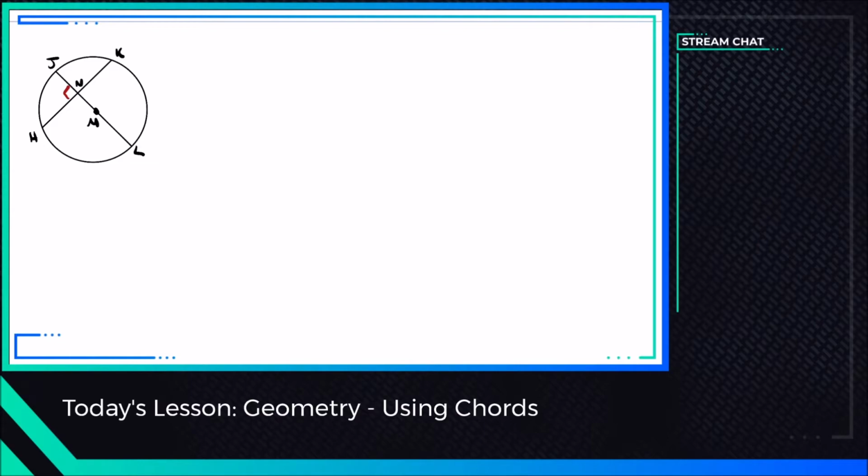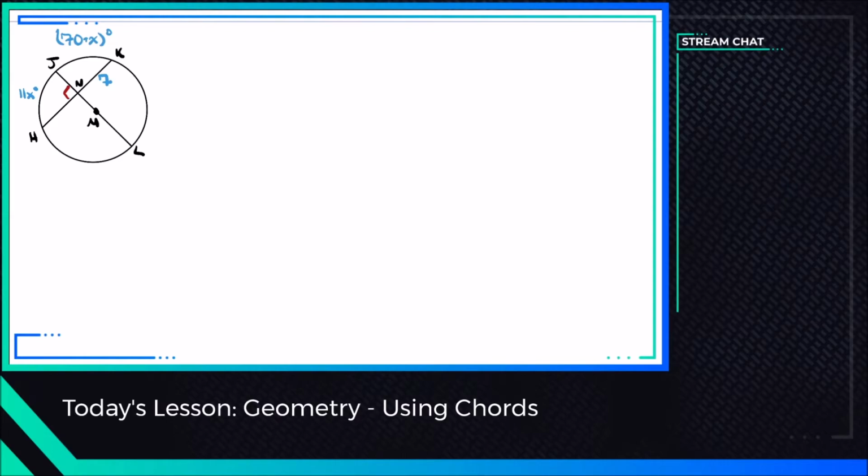And then we're given some measurements. Arc JH is 11x degrees. Arc JK is 70 plus x degrees. And the length of NK is equal to 7. So we're going to have two goals in this example.